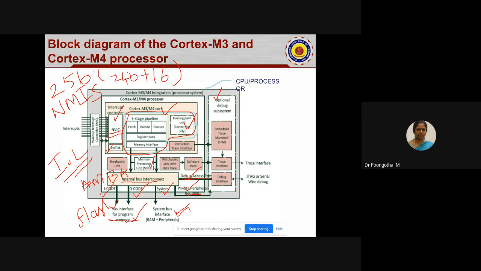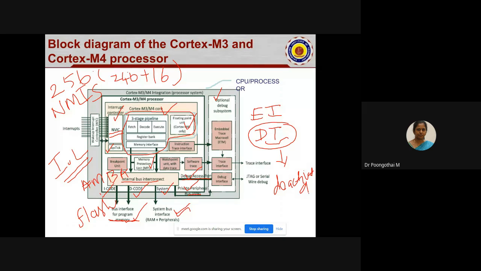For a maskable interrupt, we have two instructions, enable interrupt and disable interrupt. During the execution of a non-maskable interrupt, this DI instruction is deactivated. We cannot disable the interrupt source.